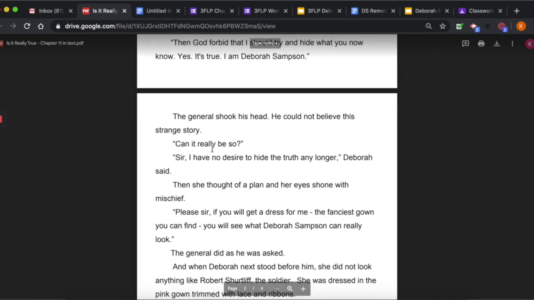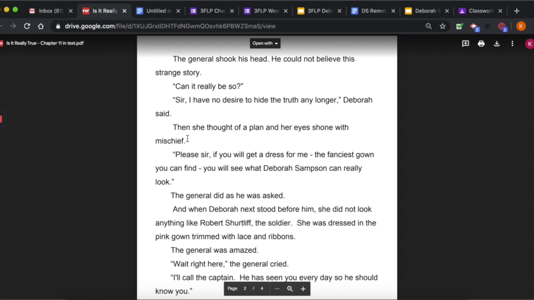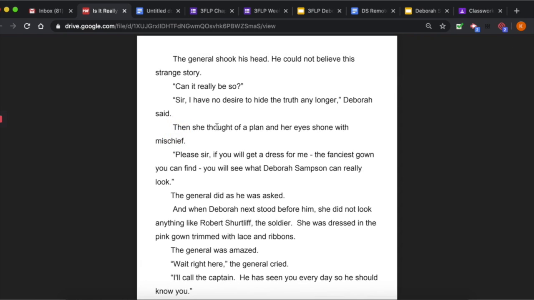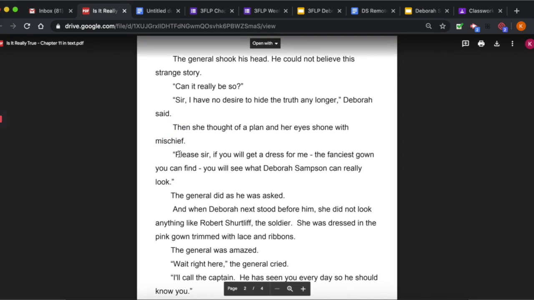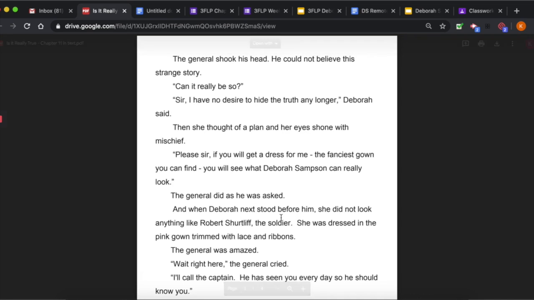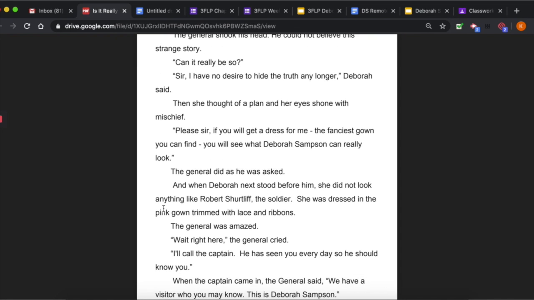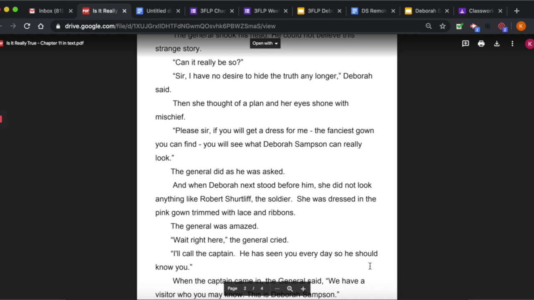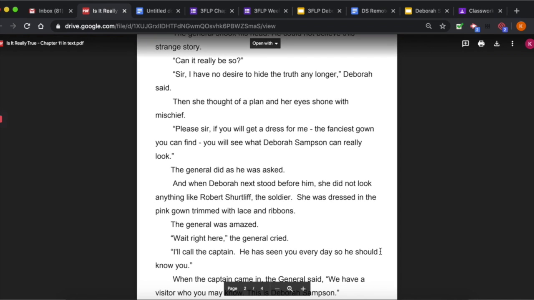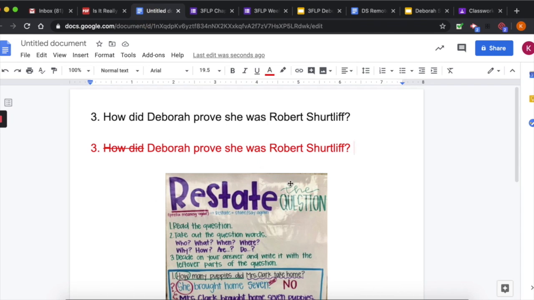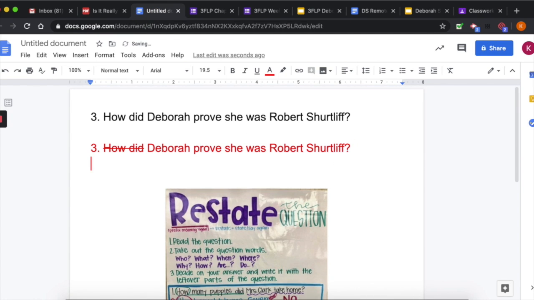Maybe that she's Robert Shurtleff. So I'm still scanning. And then it looks like she thought of a plan and her eyes shone with mischief. I'm going to keep scanning and see if Deborah comes up with a plan to prove that she's Robert Shurtleff. Once I have my answer, I'm going to go back and start restating.